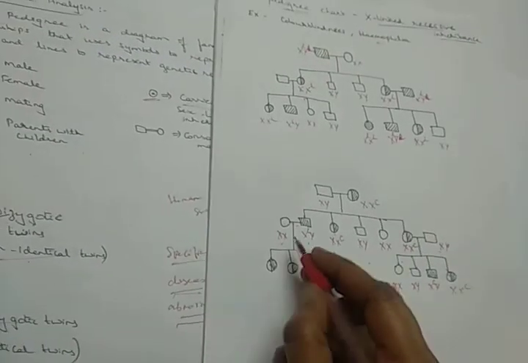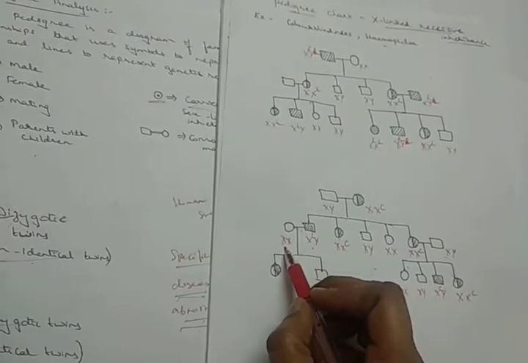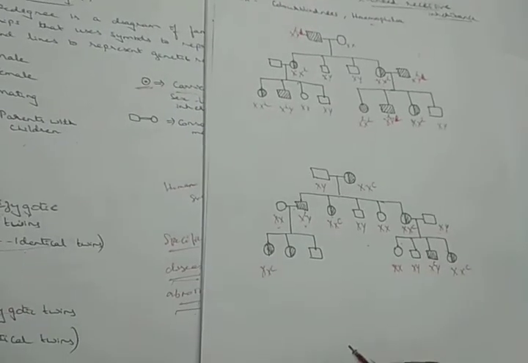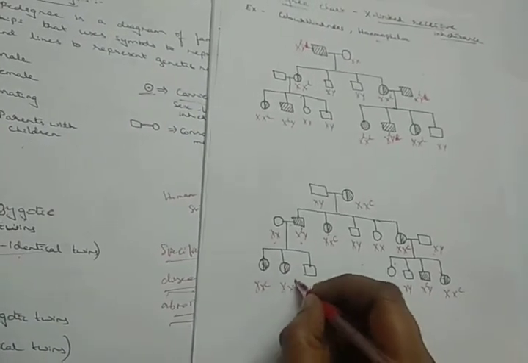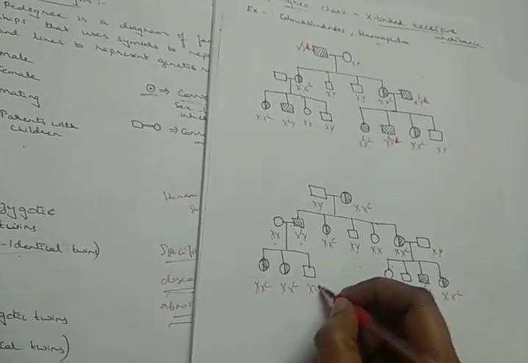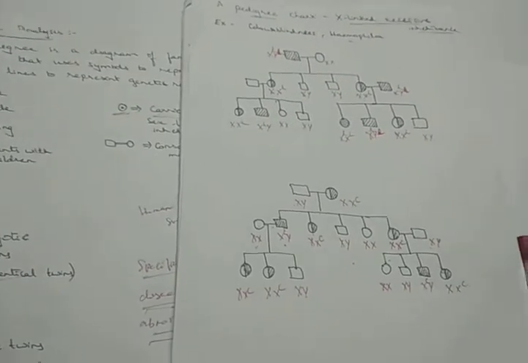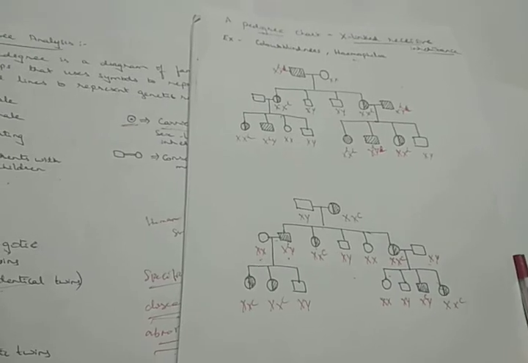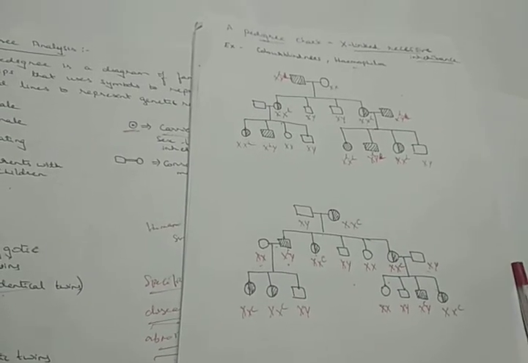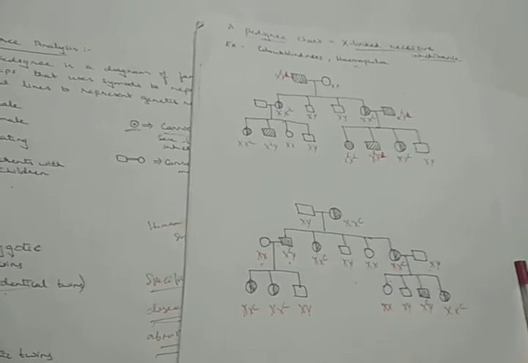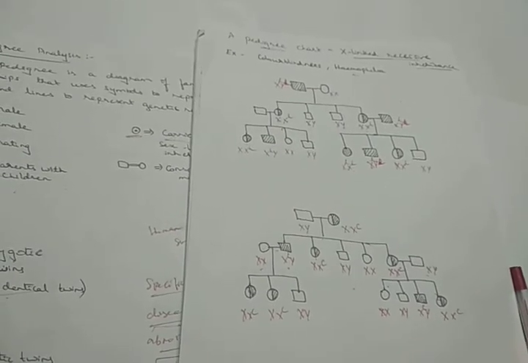In this condition, colorblind man and normal female, the children are a carrier female and a normal man. This is how you can take examples for any type of recessive inheritance, or it can be a dominant autosomal inheritance also.